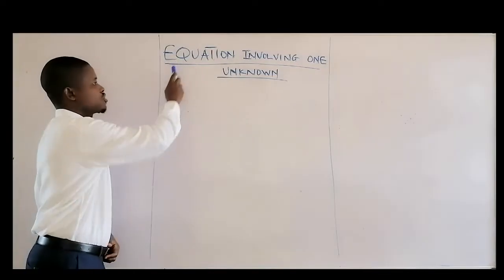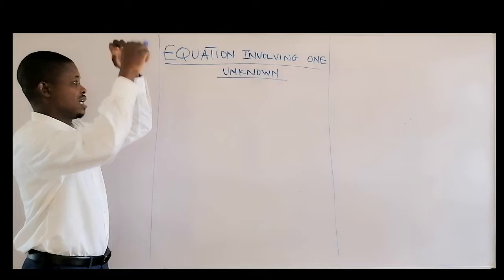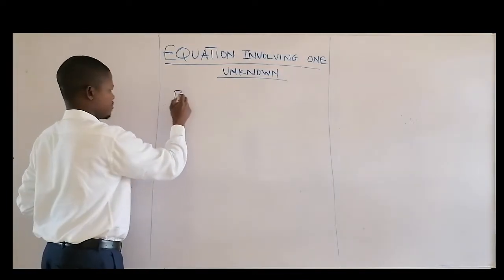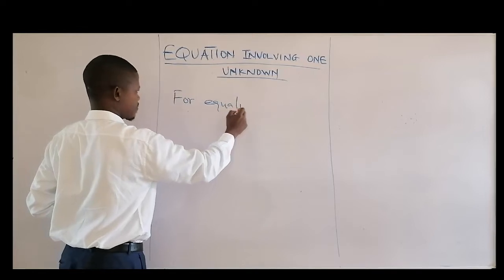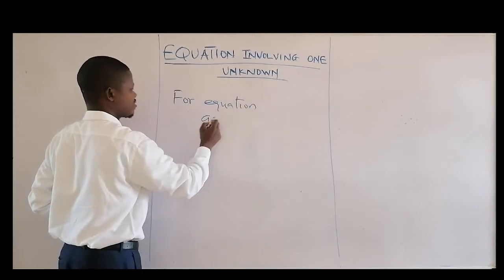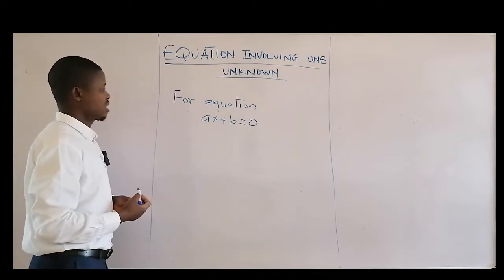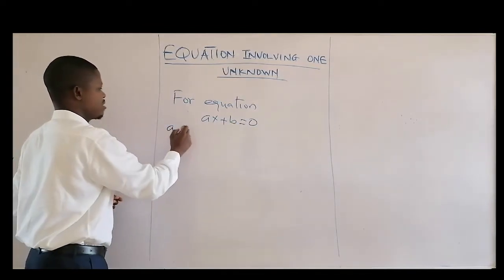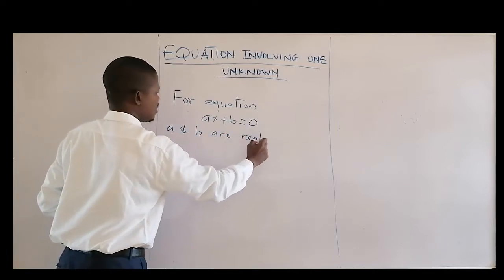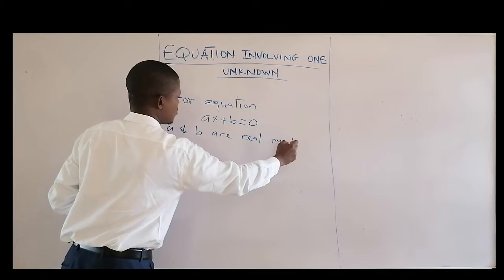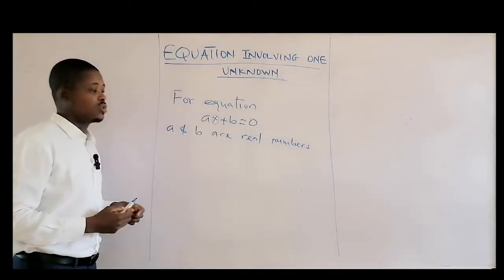We are looking at equations involving one unknown. For the equation ax plus b equal to 0, where a and b are real numbers, x is the unknown.